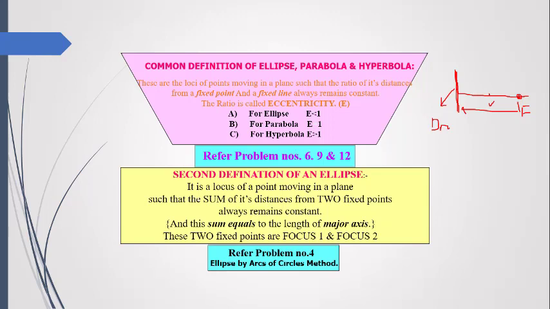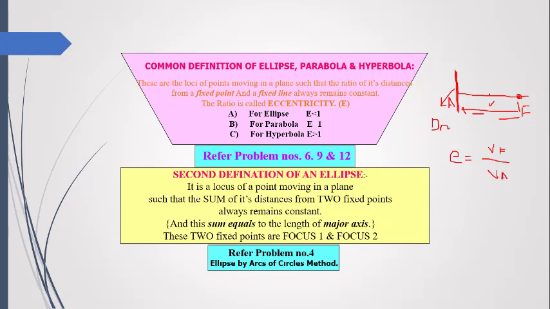So eccentricity is equal to VF divided by, for example, I will give here point A, so this is VA. It is the ratio between VF and VA. So this is known as an eccentricity.